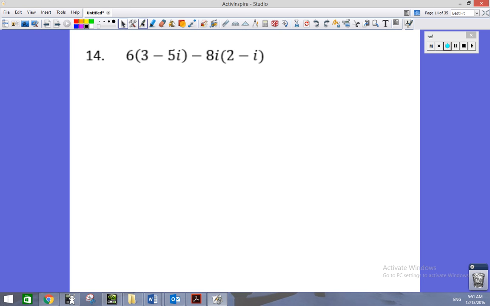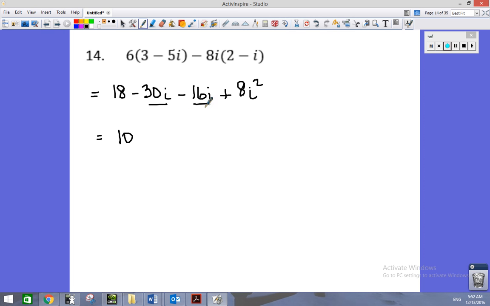So multiplication distributes over addition or subtraction. i squared is negative 1, so that's a negative 8. 18 minus 8 is 10.